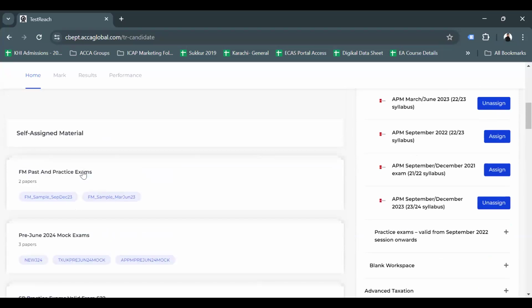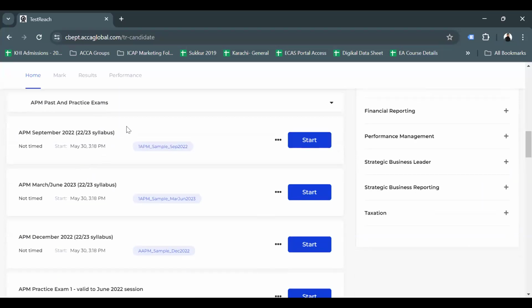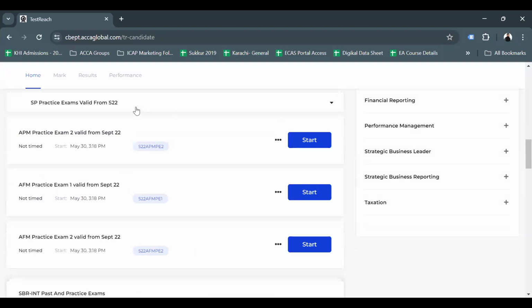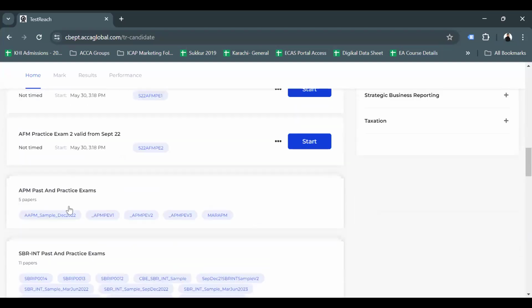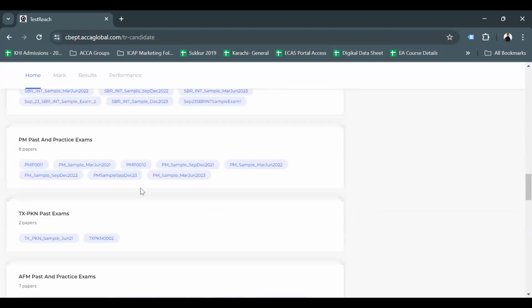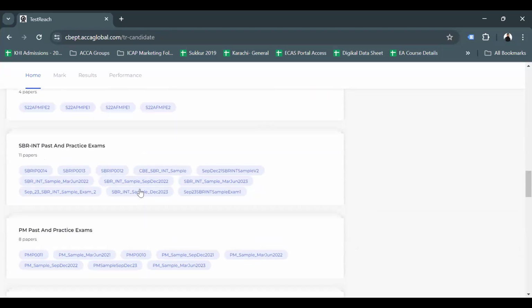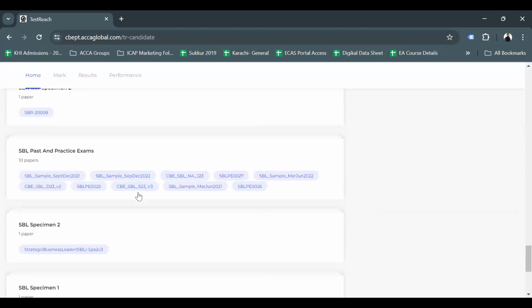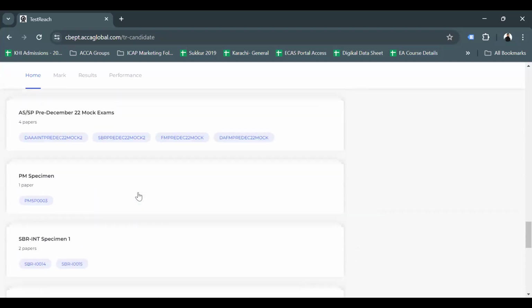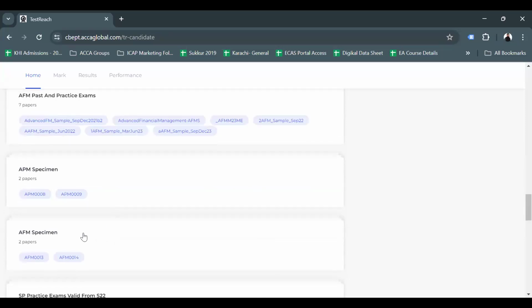Okay. So if I go about discussing this APM, what do we have with respect to the APM? Just a minute, I've just amended the allotted papers to myself.